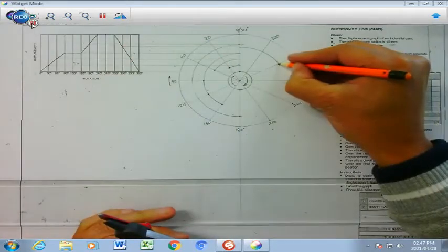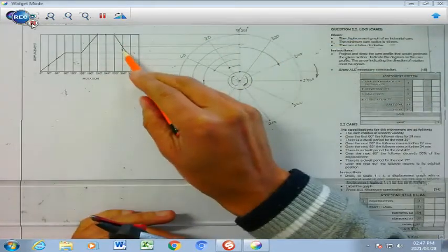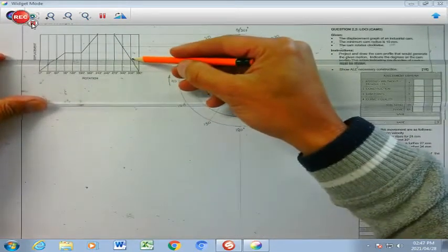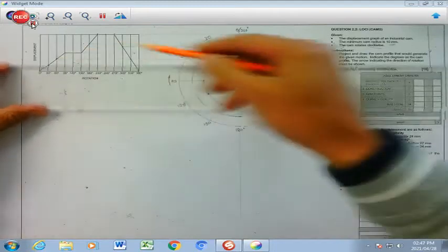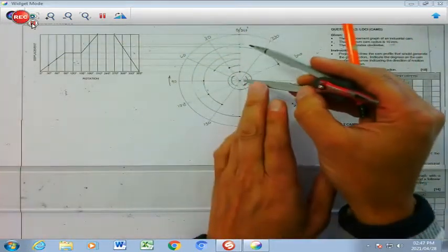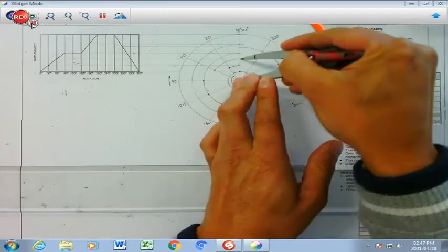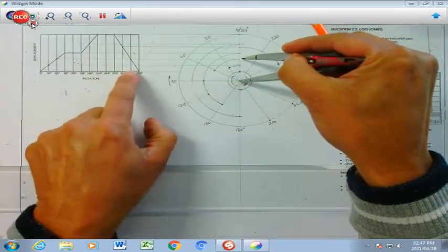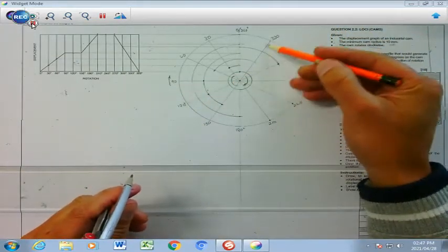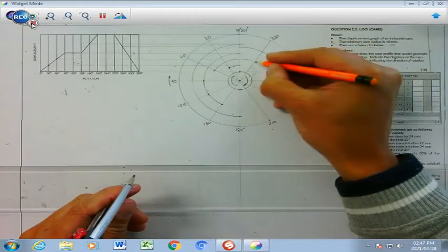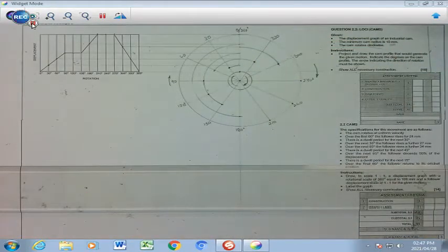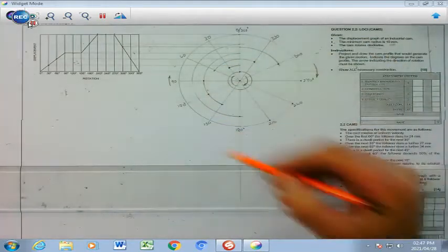That is the point that I need on my 300. And then I go to my 330. I find that it coincides with my 60, so it is there already. All I need to do is to transfer that from that 330 point onto my 330 line, which I have here, and I'm going to plot that point as my 330 point. These are my 12 points now which I've plotted.